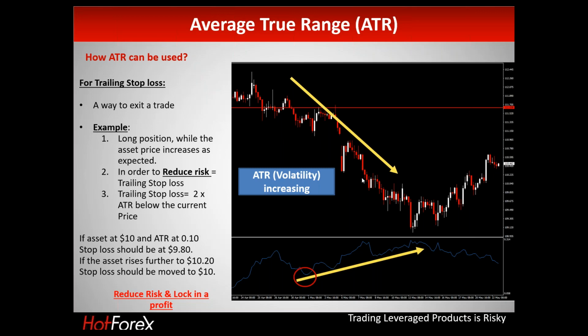This is what we mean by placing a stop loss at a multiple of the ATR. The 2 is a very common multiple, meaning you can place your stop loss at 2 times ATR above the price if you are in a short position, or below the entry price if you are in a long position.